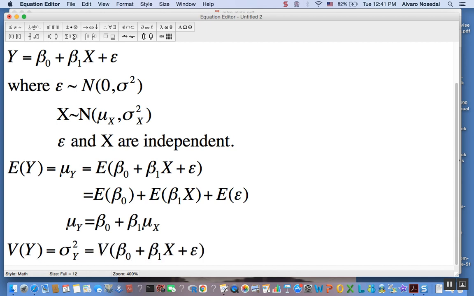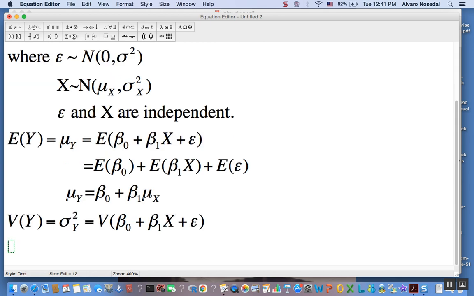So it would be the variance of that model that we assumed. So now we have the variance of a sum. Are these guys independent? Oh yeah, they are.